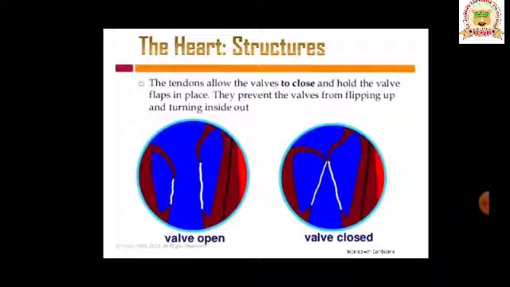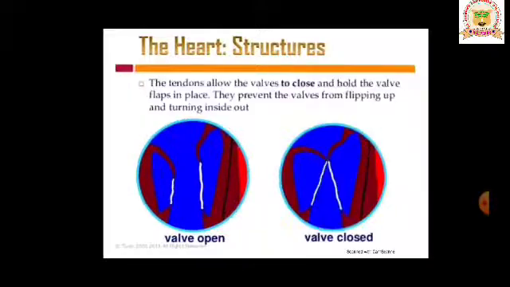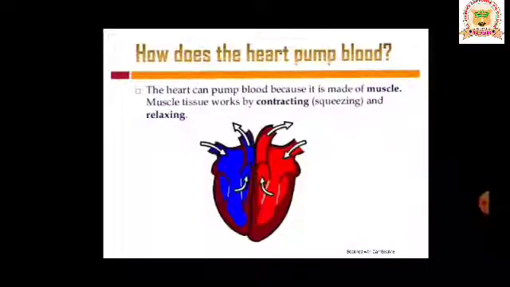Look at the picture. It is clearly shown which valve is open and which is closed. In this picture you are seeing the valves, which I have expanded. Now you are going to see the closing and opening of the valve. The heart can pump blood because it is made up of muscles. Muscle tissue works by contracting, that is squeezing, and relaxing.